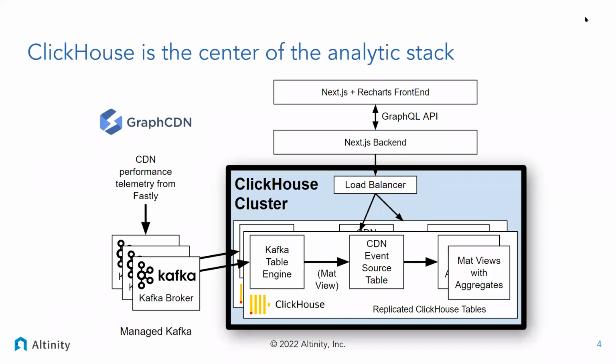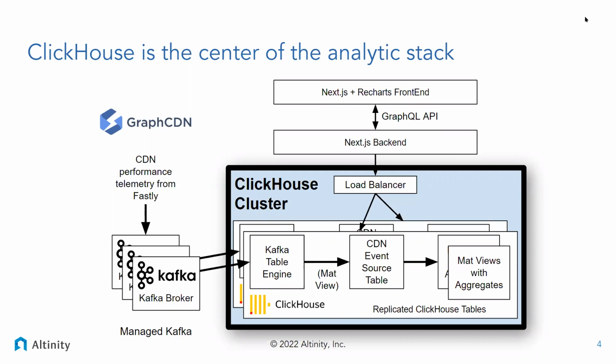It's blasted into the ClickHouse cluster, and then they have a front end based on JavaScript, specifically Next.js, which allows them both to present an API, a GraphQL API, as well as a user interface where people can do queries and also view the data graphically.